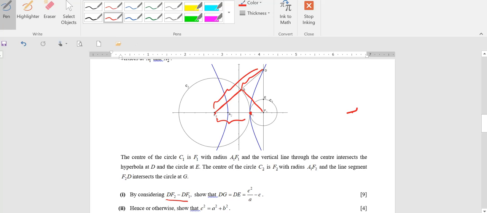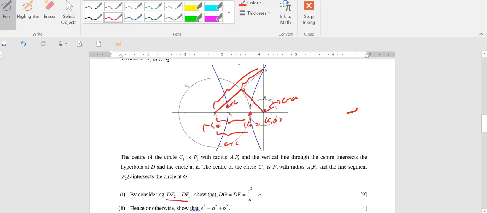If this is (a, 0) and this is (negative c, 0), the difference between them will be a plus c. So the big circle has a radius of a plus c. Now the small circle has a radius of the distance between the vertex and this focus here. This focus is (c, 0), so that makes the small circle have a radius of c minus a.